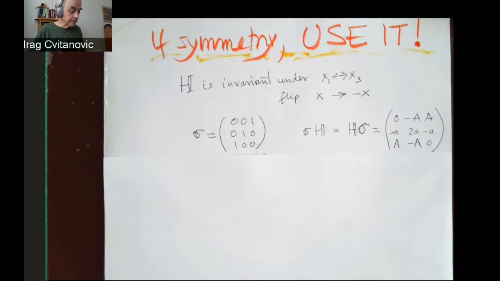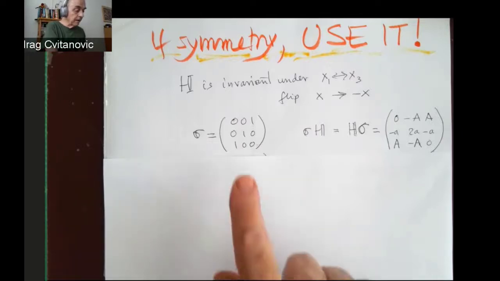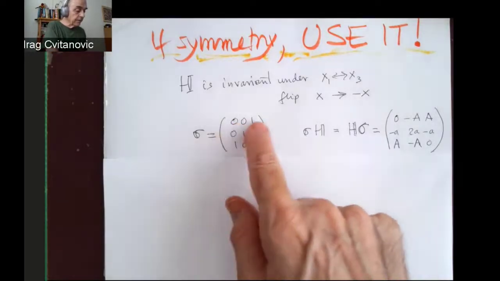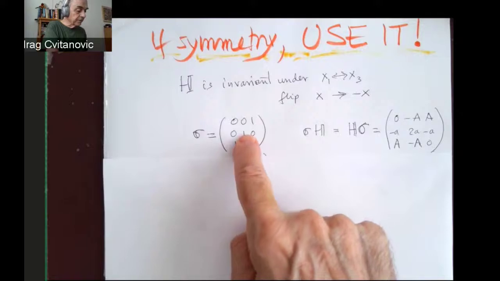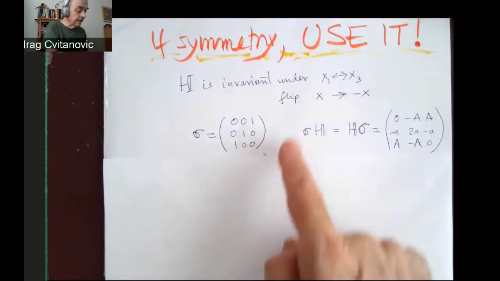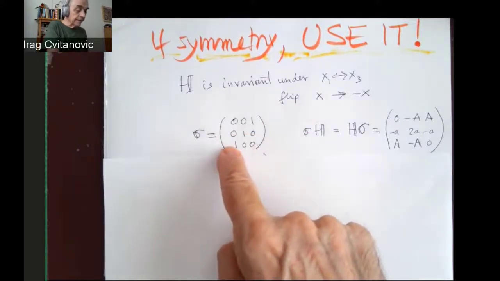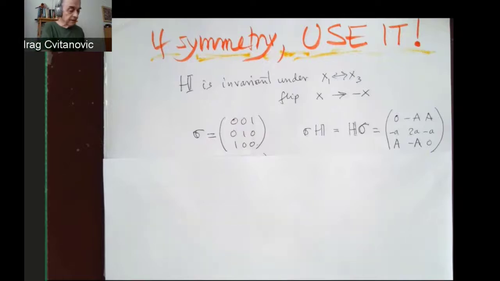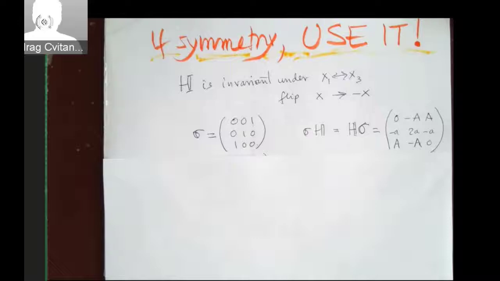So there is a symmetry, and I can write it as a permutation matrix, a 3 by 3 matrix, where I send 1 to 3, I don't touch the center, so 2 remains, and I send 3 to 1. What happens to the energy when I flip it? Remember the original Hamiltonian?